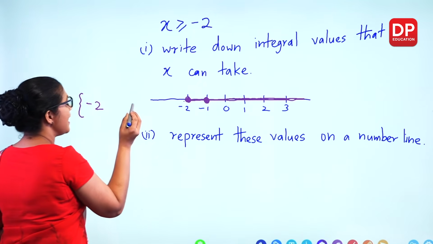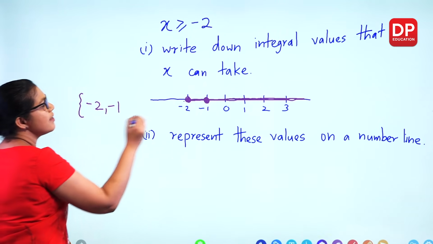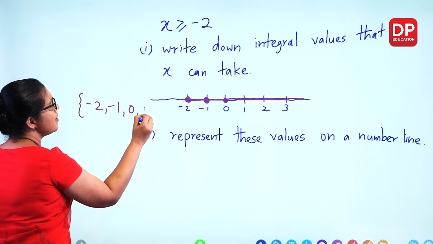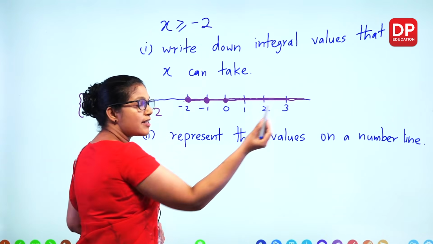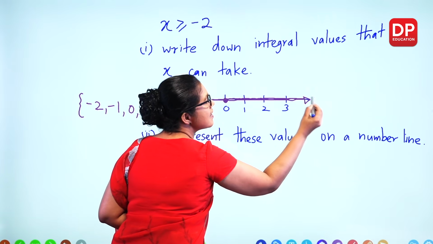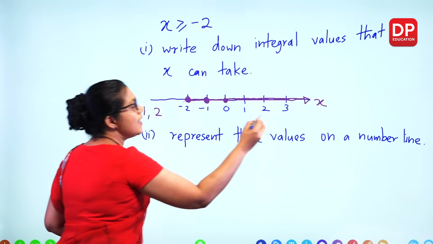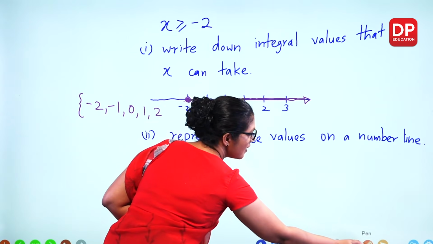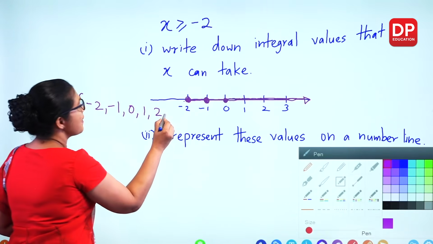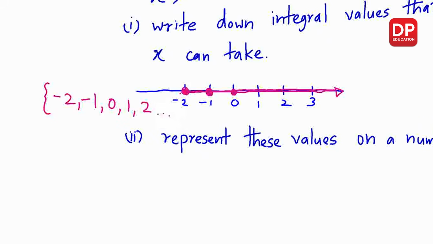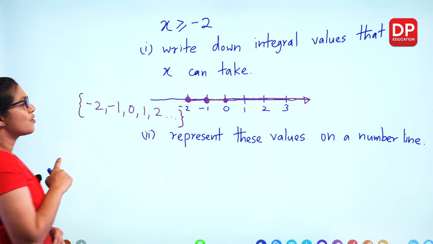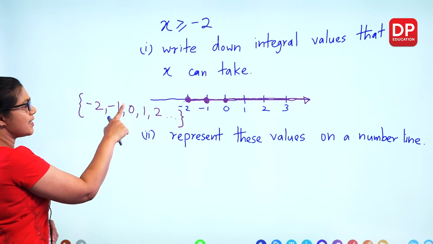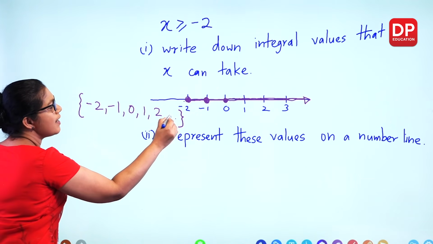So we can say -1, 0, 1, 2, but we can't write all because this goes to infinity. So I can write 3 dots representing that it's continuing. So the integral values here are -2, -1, 0, 1, 2 and 3 dots.